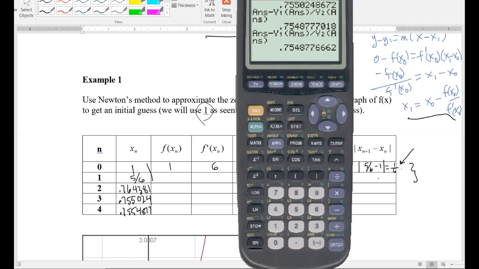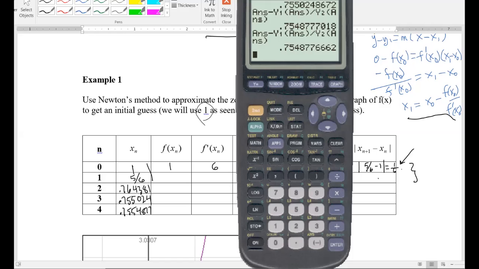Now notice at this point we are really close, because the difference between these two is negligible up to the 1, 2, 3, 4, 5, 6 decimal place. It's the same number.